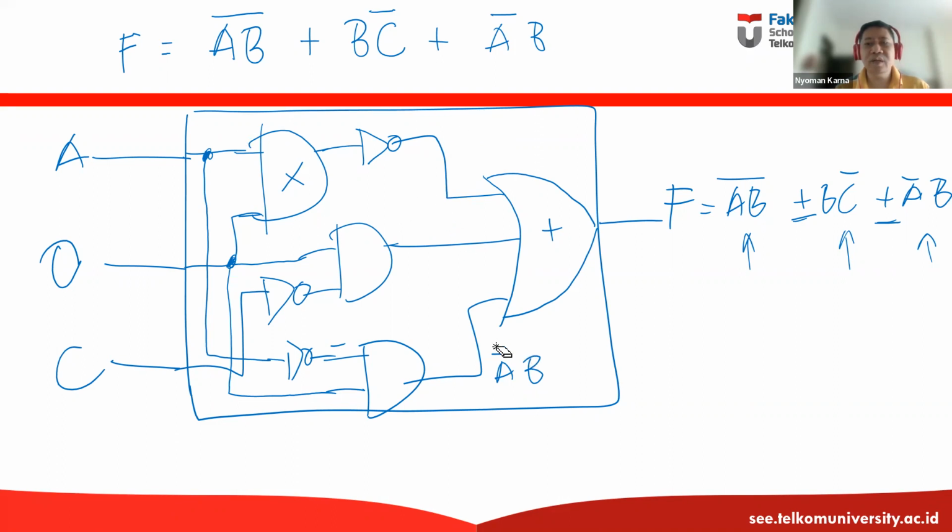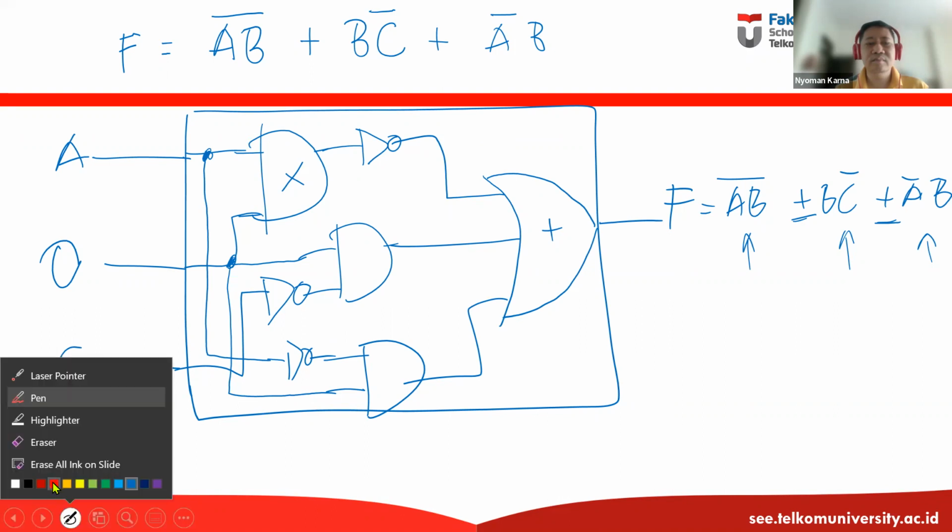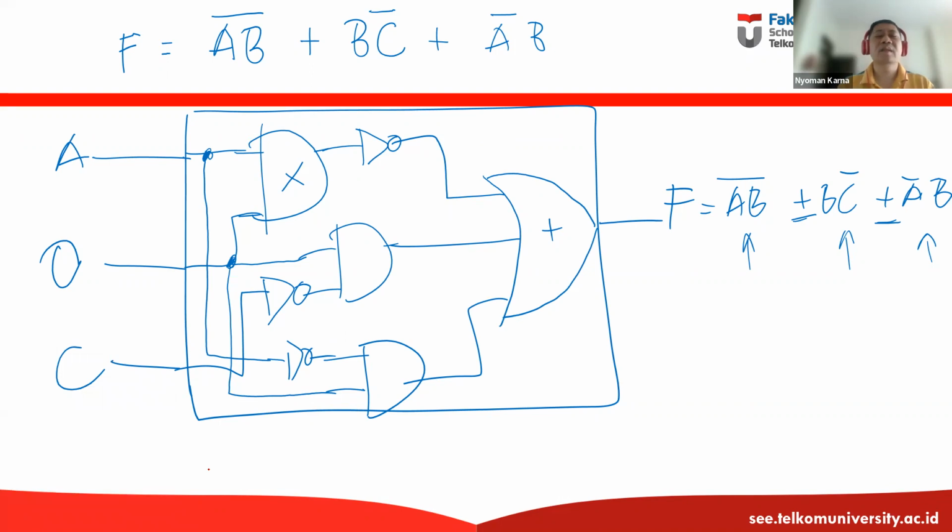Now let's try to do the analysis process. This is A, this is B, this is B, and this is C, and this is A, and this is B. Now, this is an AND gate, so it will become A times B, and then this is an inverter, it will become A times B naught.